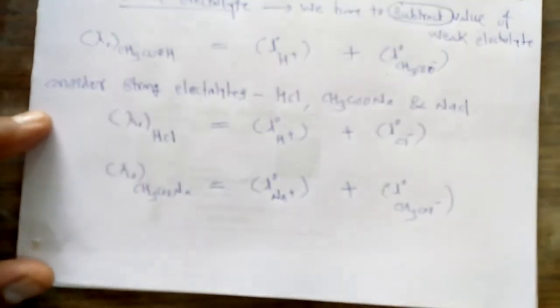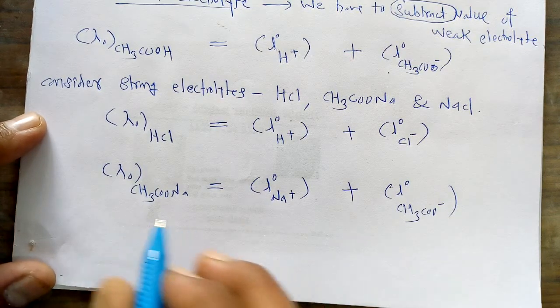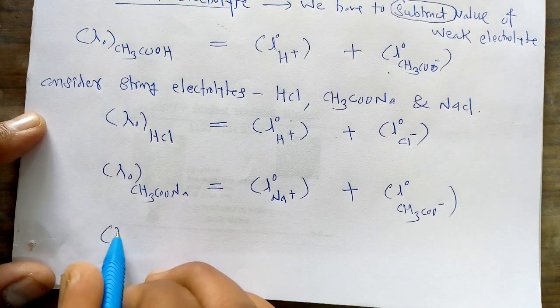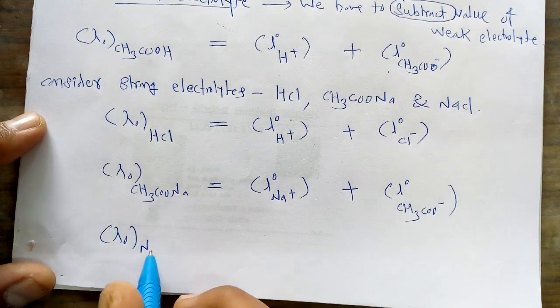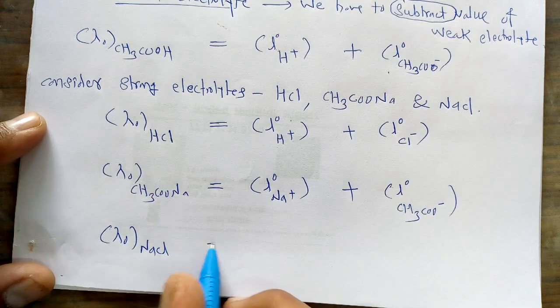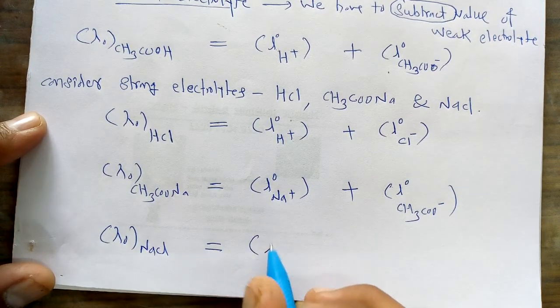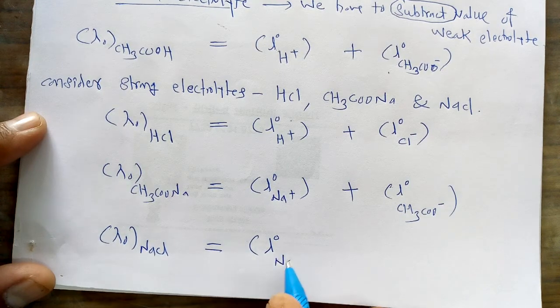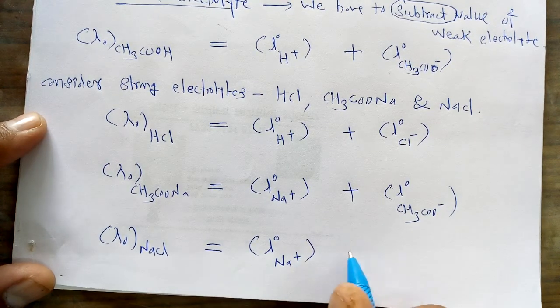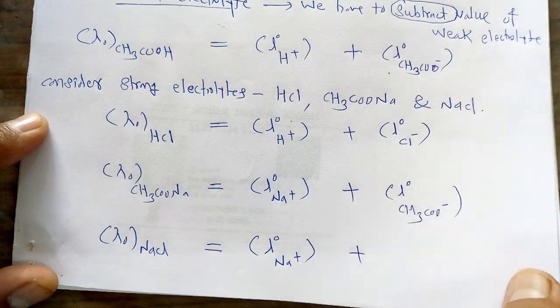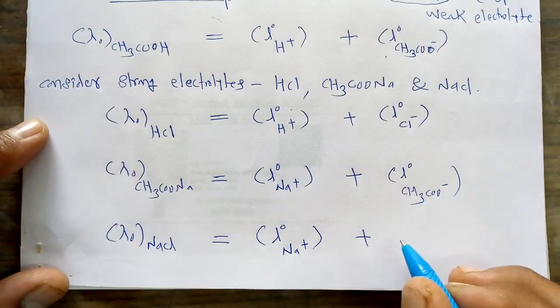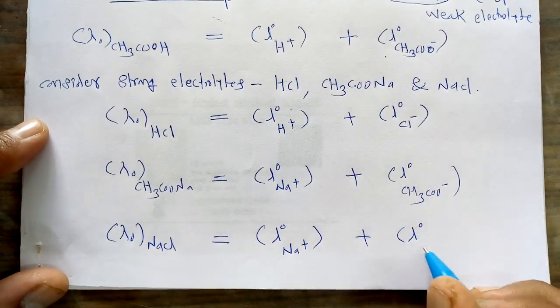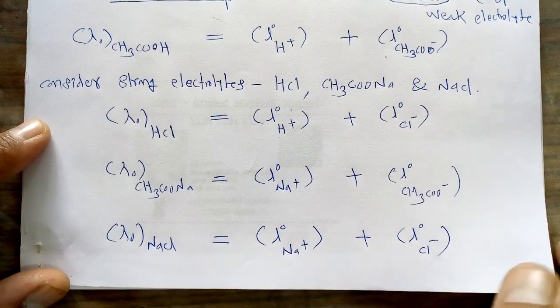And the third strong electrolyte is NaCl: lambda 0 for NaCl is the equivalent ionic conductance of Na+ at infinite dilution plus the equivalent ionic conductance of Cl- at infinite dilution.